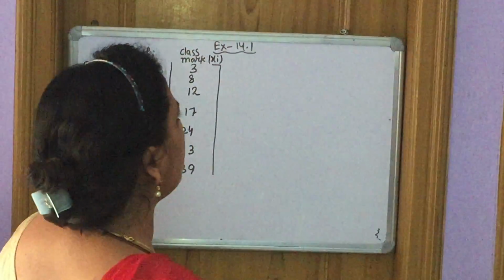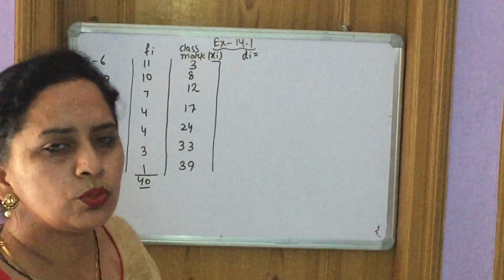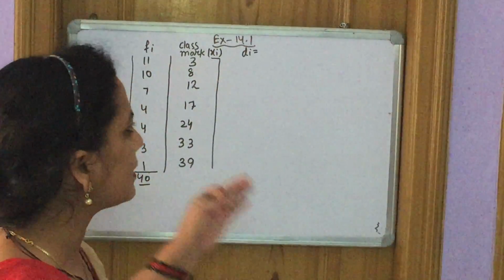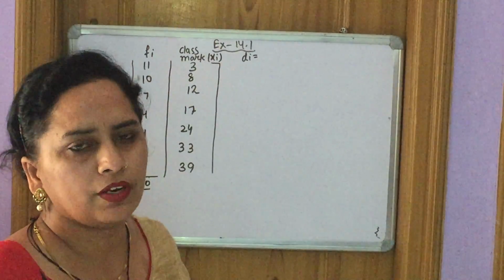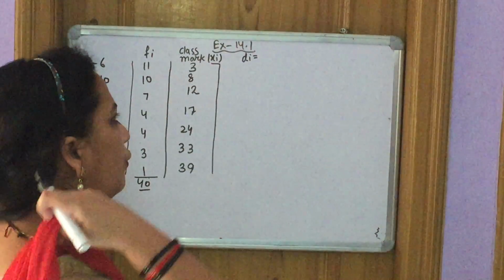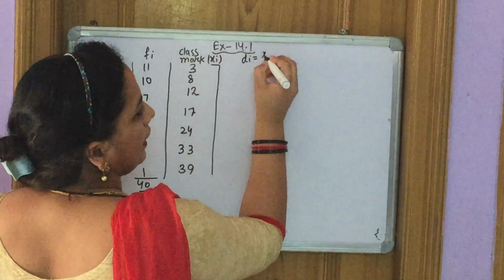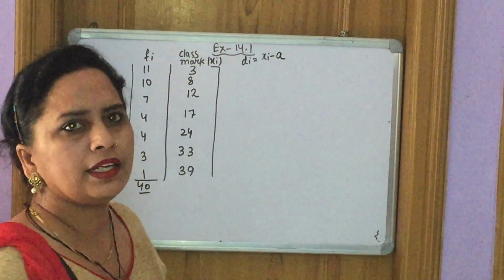Then the next column will be di. If we compare this method to the step deviation method, the next column was ui and the formula of ui was xi minus a divided by h. Here the formula of di will be xi minus a. Just xi minus a.